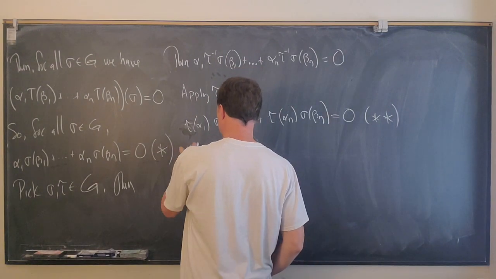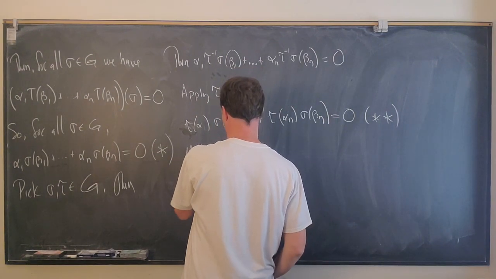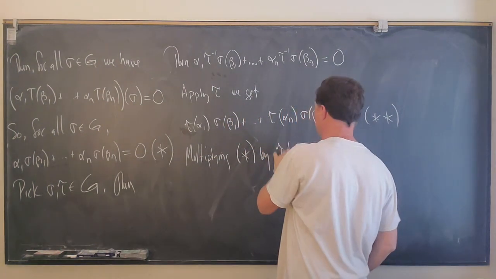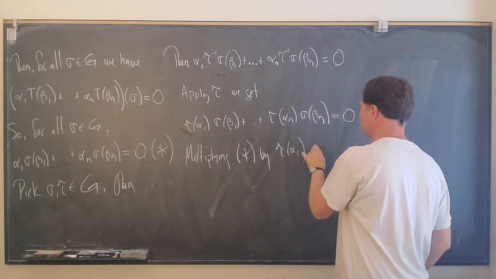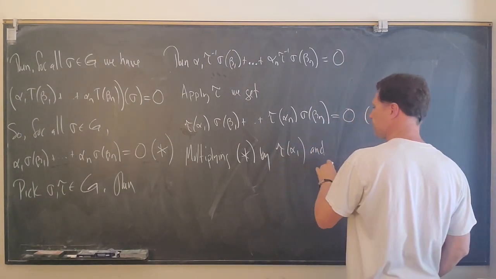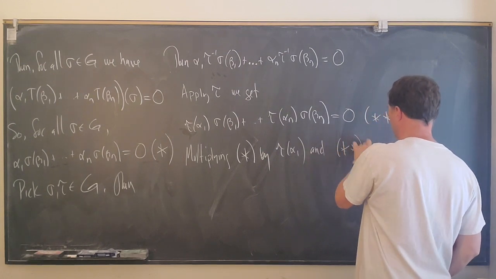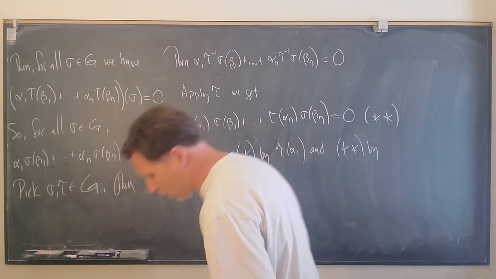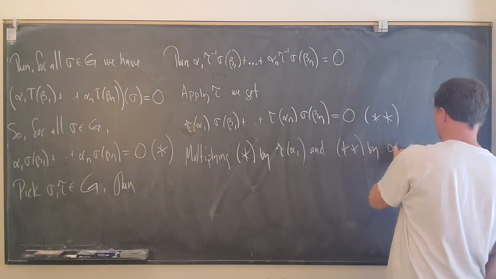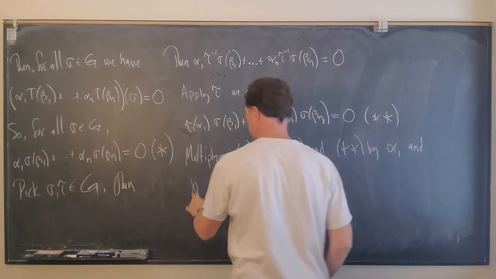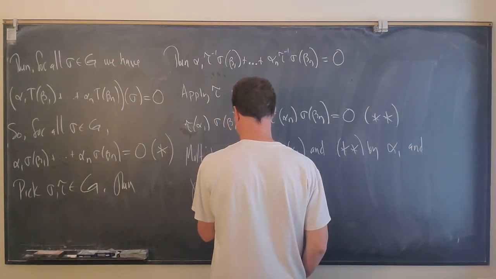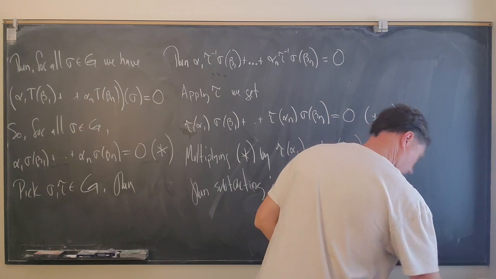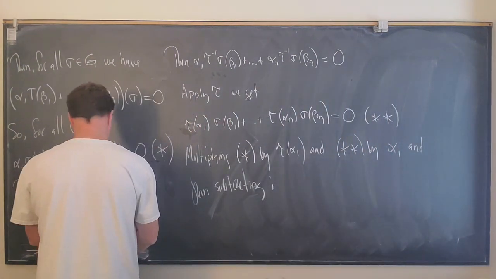So multiplying equation star by tau of alpha 1 and multiplying double star by alpha 1, and then subtracting. Let's write out all the steps there.